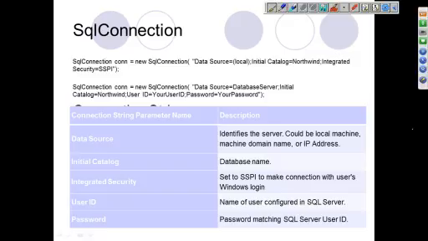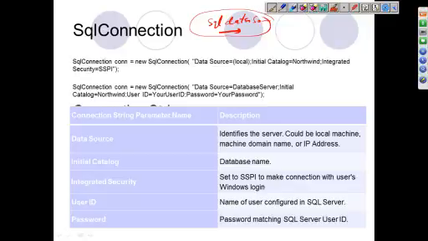Now, to open a connection to the database. The other day we used a SqlDataSource. When we dragged this control on the form, we created a connection string. So a connection string is nothing but your database information in string format.